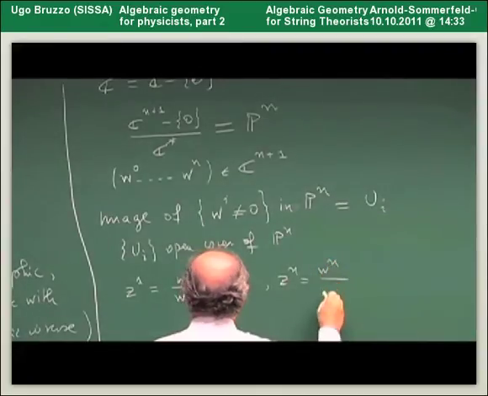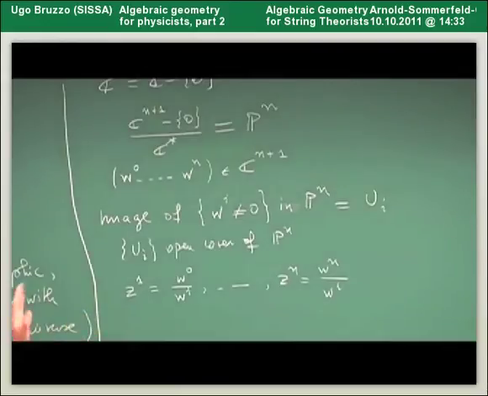z_1, ..., z_n. So z_1 is w_0 over w_i, all the way to z_n, which is w_n over w_i, omitting, of course, w_i in this list as a possible numerator. Okay?